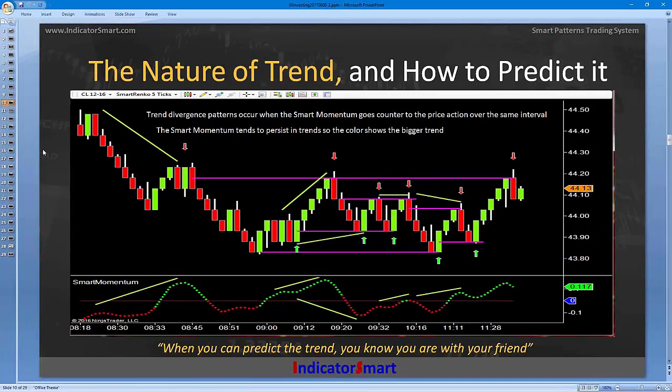And there's more about these kinds of divergences. Some people call them hidden divergences, but we were doing this 20 years ago when he developed that tool. And I said, hey, Bill, could you code that for me? Could you add a thing for that to show what some people call a reverse divergence or a hidden divergence?